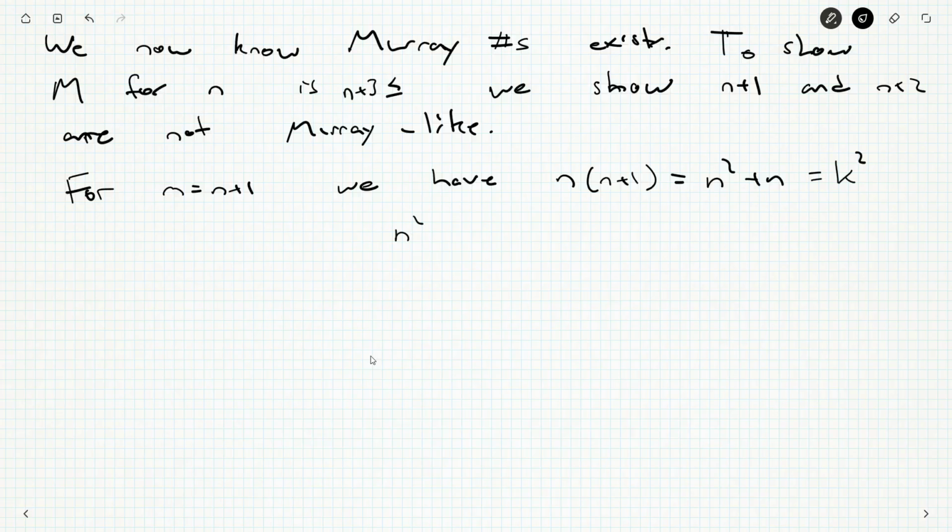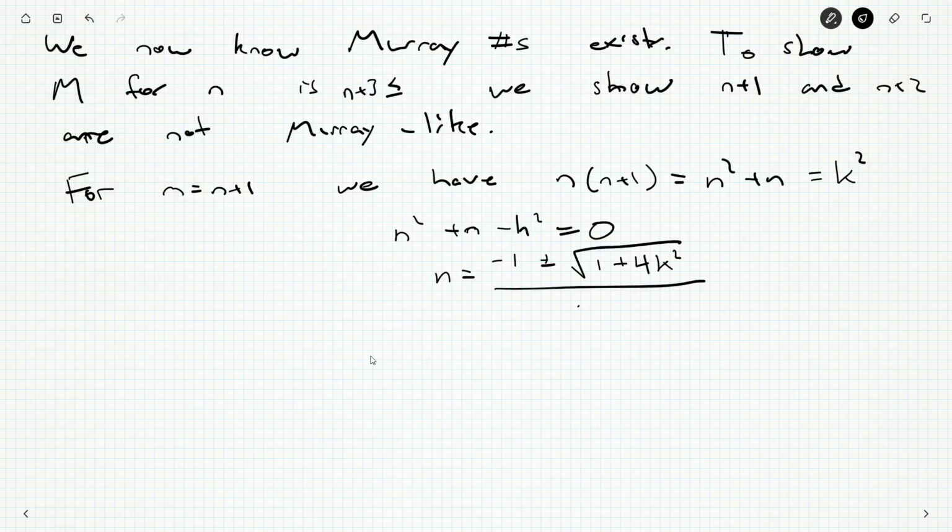Then we'd have n squared plus n minus k squared is equal to 0. Quadratic here. So n is negative 1 plus or minus the square root of 1 squared minus 4ac, all over 2. And 1 plus a square.